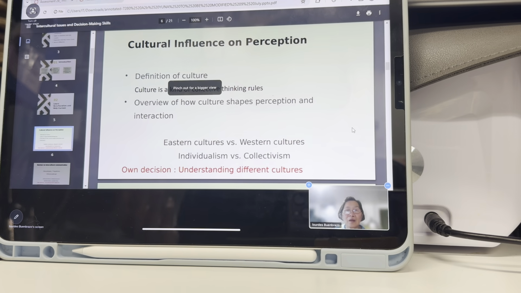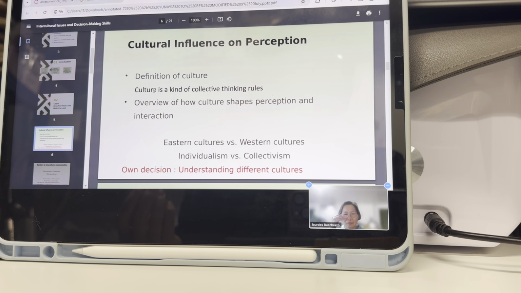In this part, we talk about the culture influence on perception, understanding barriers in intercultural communication, and how that affects decision making in business communication. Because we're talking about the influence of culture on perception, I need to understand what culture is. The academic literature pointed out that culture is a kind of collective thinking rules.